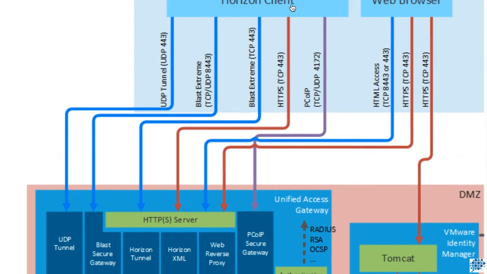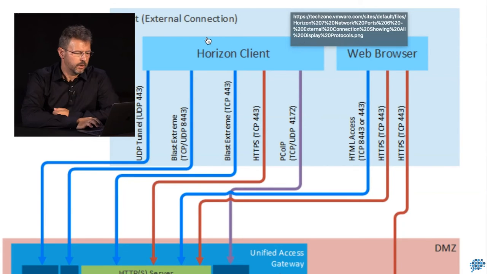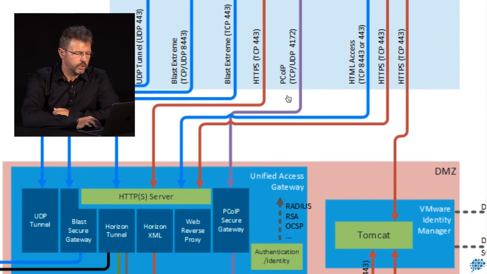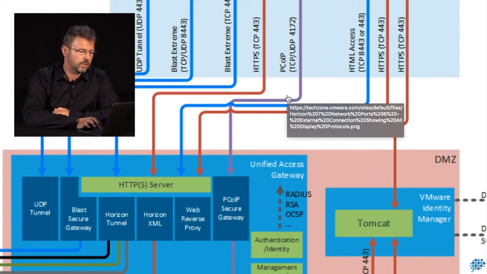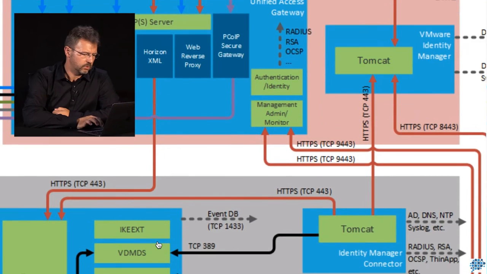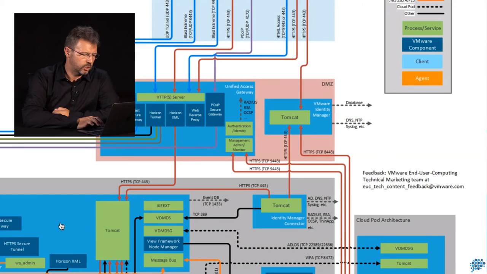So when a client builds up a connection, the client hits the UAG first. Depending on the display protocol you are using, connections are built up to the backend. First, there is an XML connection which reaches out. You can see it here, the XML connection, the red arrow, which goes down to the Tomcat part of our connection broker.